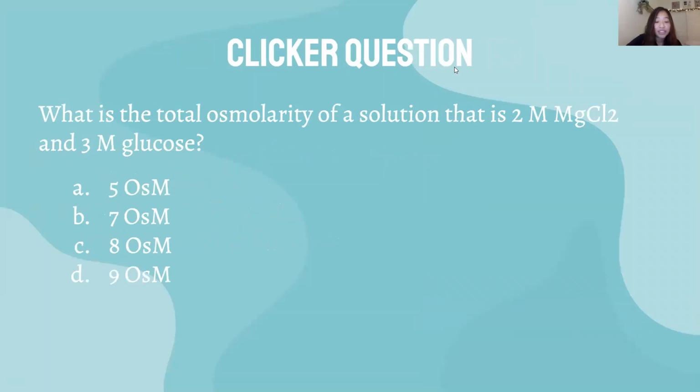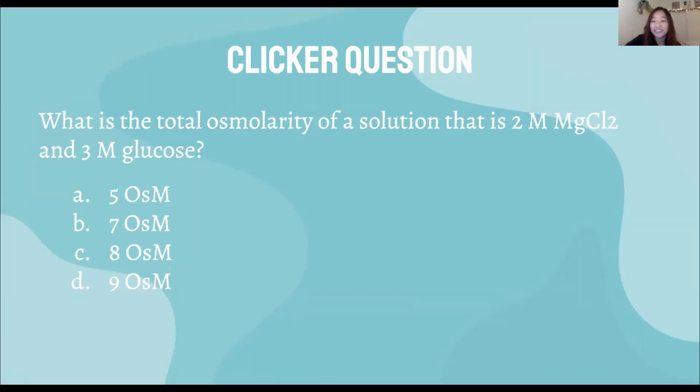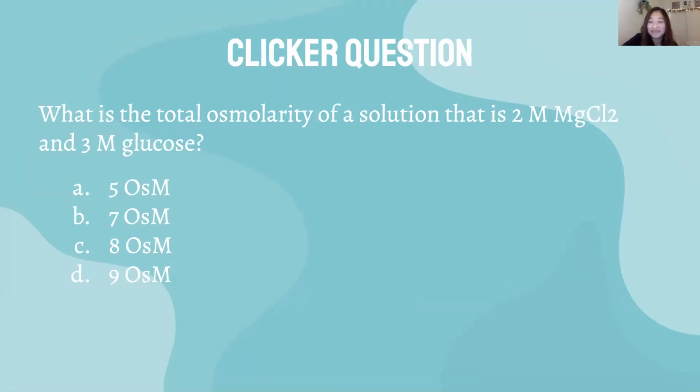All right, moving on, I have another clicker question for you. So what is the total osmolarity of a solution that is 2 moles of magnesium chloride and 3 moles of glucose? This one has a little bit of math in it. So I think it's more testing of your math skills.